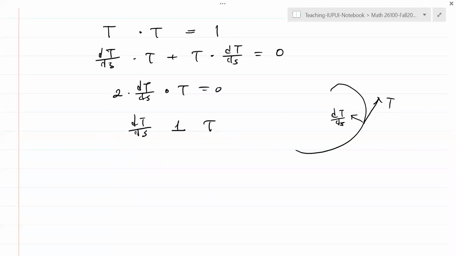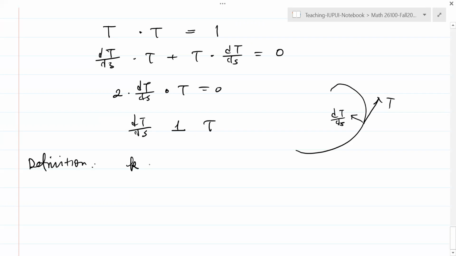We notice that the length of that vector really tells you how curved the curve is at that particular point. If it's short, it's more flat, and if it's longer, then it's more curved. So I'm going to introduce a terminology.